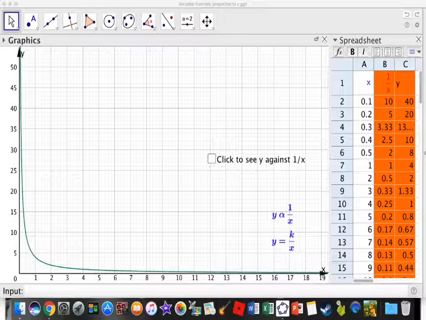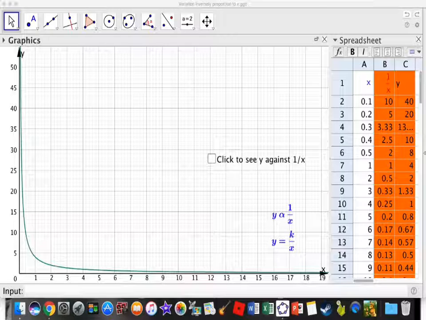And what we can see, if we look at the coordinates of x against y, is as x increases, the value of y decreases. Okay, so as x increases, y decreases, or as y increases, x decreases. We'll look at this middle column in a minute.